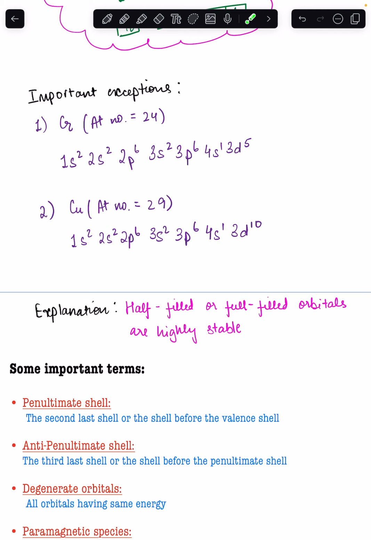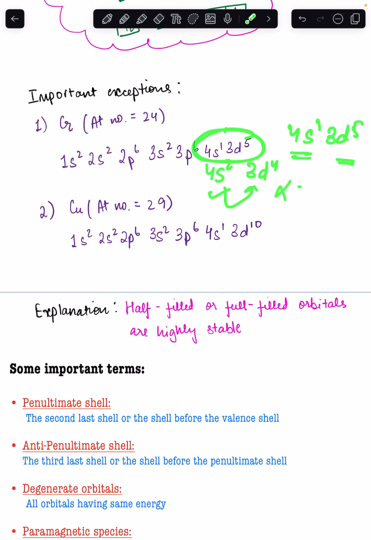So why? What is happening? The explanation is that half-filled or fully filled orbitals are highly stable. If you had written 4s2 and 3d4, then the 4s would have been fully filled, but the 3d wouldn't have been half-filled. And these have very negligible energy difference between them. So if 4s gives one electron to 3d, it gets 4s1 and 3d5.